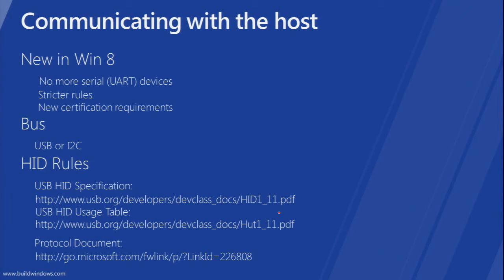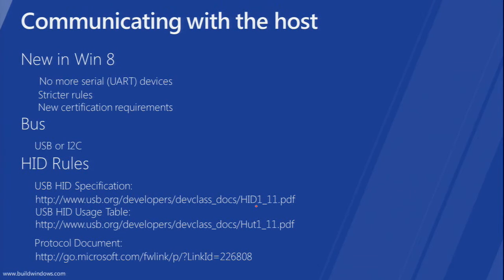Obviously, if you're going to write a HID device, you have to be familiar with the HID specification. I have a link here to the HID specification. And then the HID usage tables document is actually a great document for details about what HID properties and HID devices, the different classifications of devices, and what properties you have within each classification.